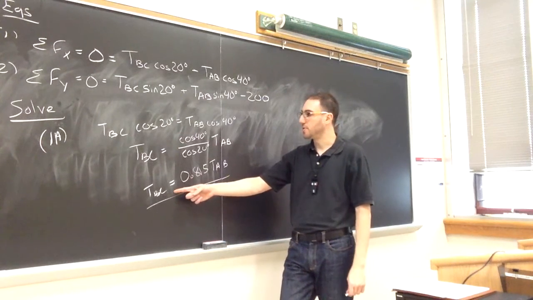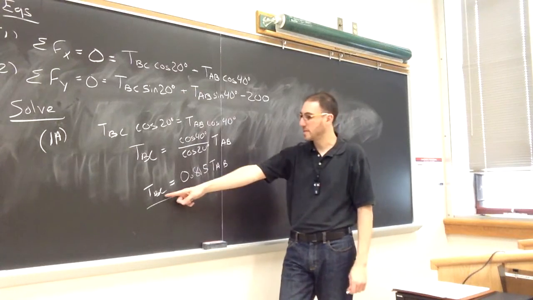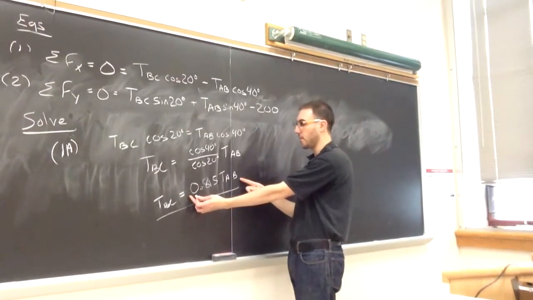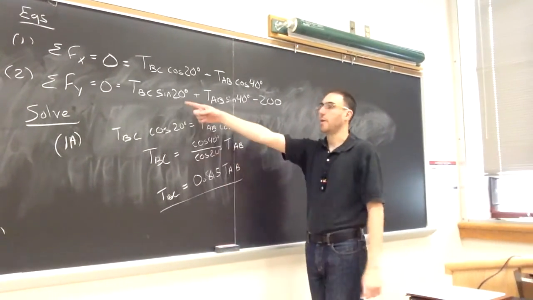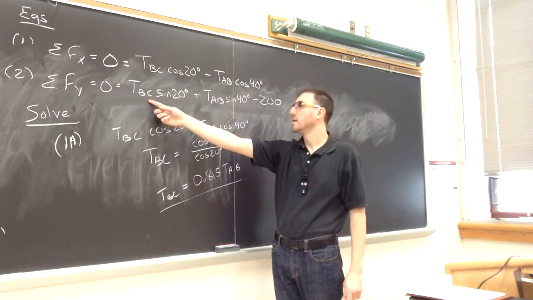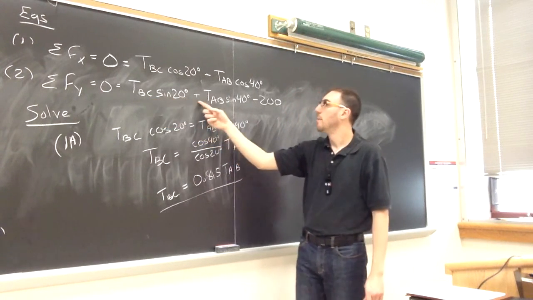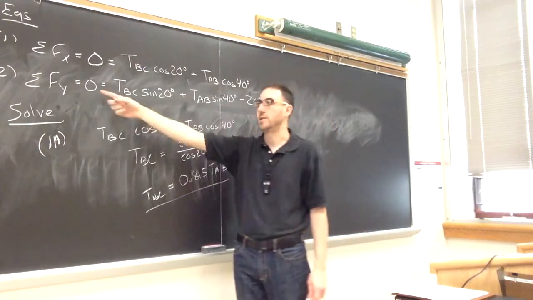With this substitution, I can now go to equation number 2, and everywhere I see TBC, I can replace it with 0.815 TAB. So going up to 2, I would put 0.815 TAB times sine of 20 plus TAB sine 40 minus 200 is equal to 0.